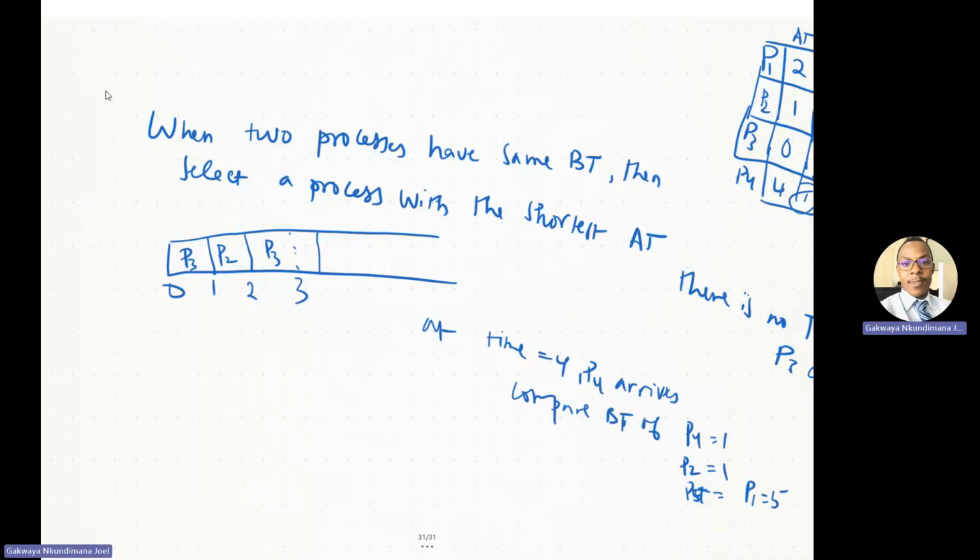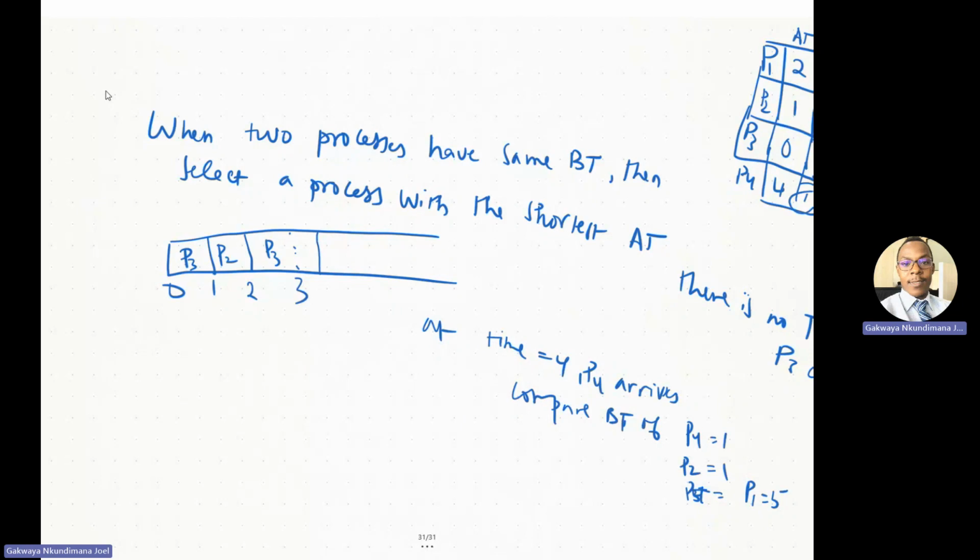So for P1, yes, it has not started. At this time I thought I wrote it wrong here. Was it wrong? No, it was not wrong. So at this time here, P2 will continue.